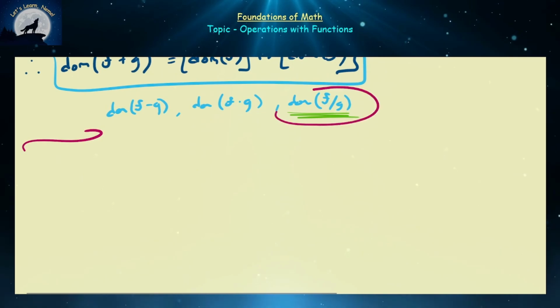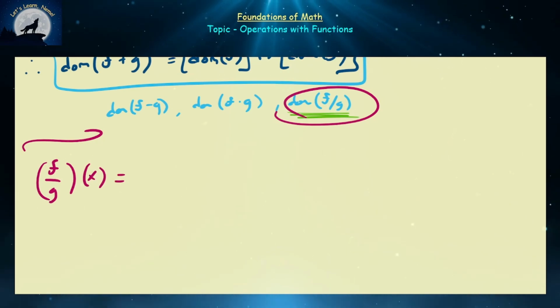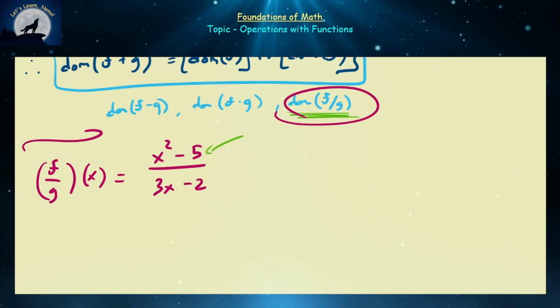So actually, let's look at the quotient of functions to see what's going on there. So (f over g) of x, remember, by our example, would be equal to x squared minus 5 all over 3x minus 2. So if we choose a particular value of x, obviously it has to be in the domain of f. It also has to be in the domain of g.